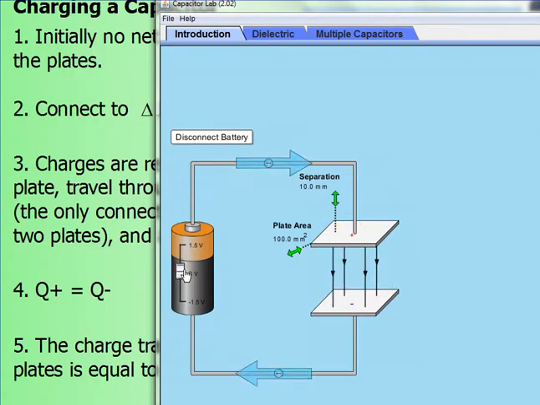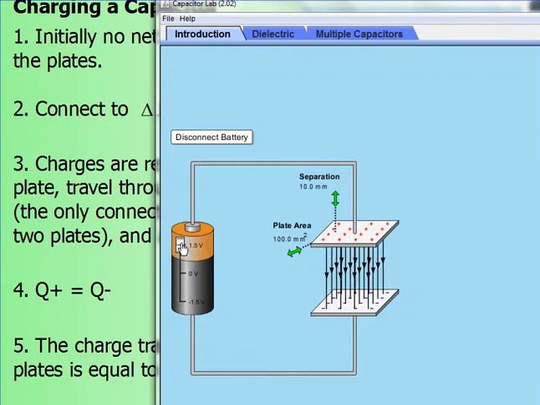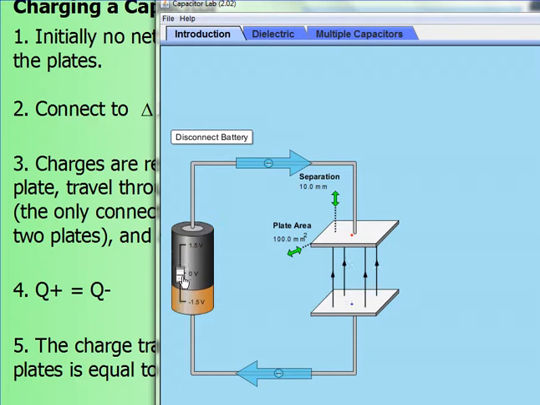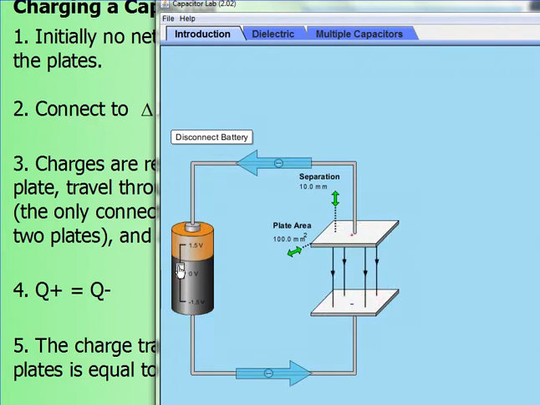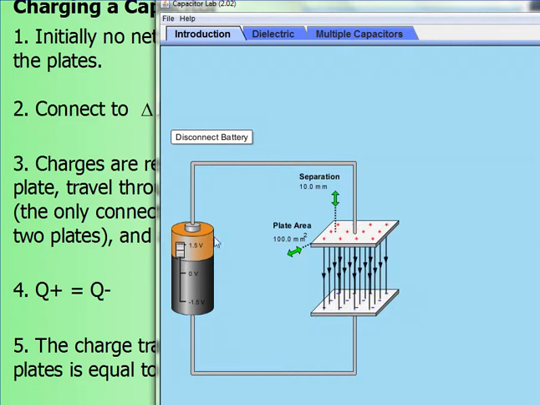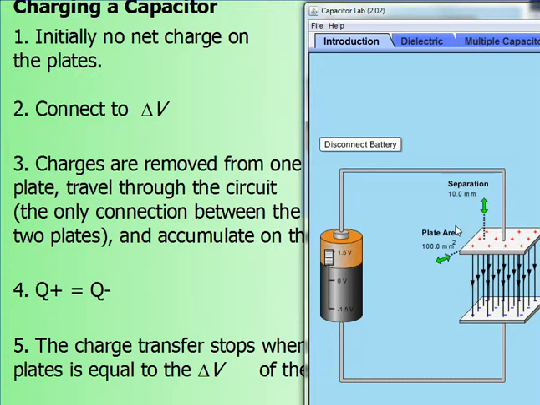Now, I want you to look at the lines. As I increase the voltage, you see how many more lines we get? Look what happens when I reverse the voltage. You see how the lines simply reverse direction? Now, as I turn the voltage up, the positive charges are removed from one plate and they travel through the circuit, which is the only connection between the plates, and they accumulate on the opposite plate.